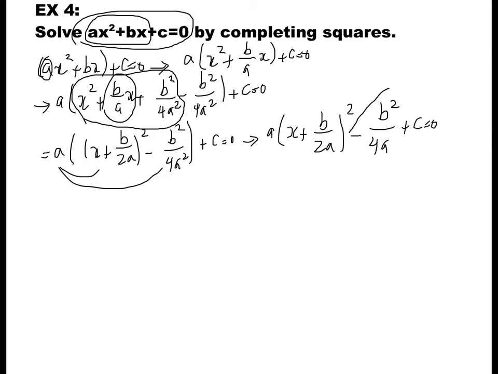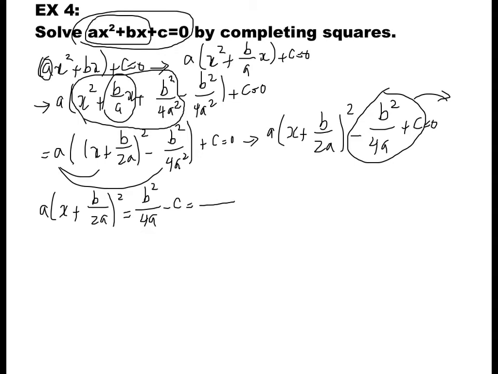Now I move these to the right, so I get a times (x plus b over 2a) squared is equal to b squared over 4a minus c. Now I common factor 4a, and this becomes b squared minus 4ac.